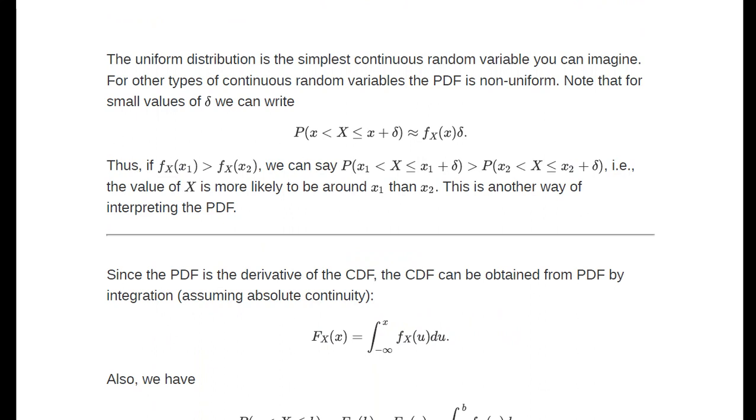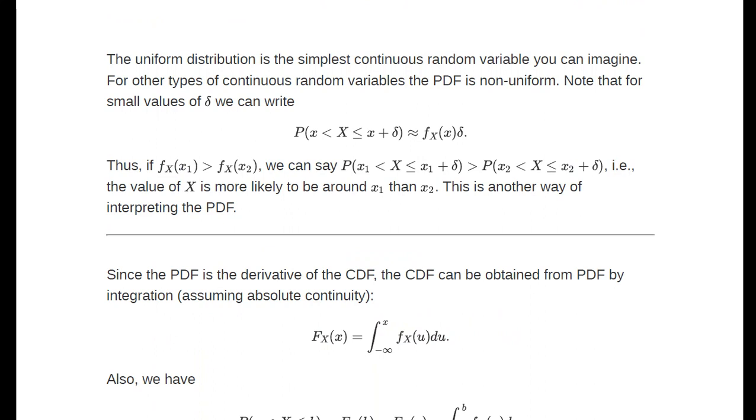Note that for small values of δ, we can write that the probability of X being between x and x+δ is approximately equal to f_X(x) times δ.